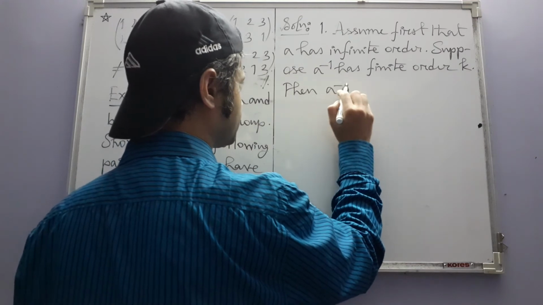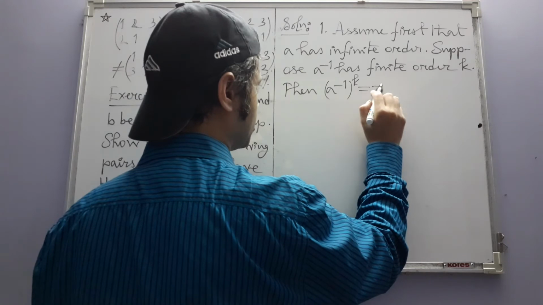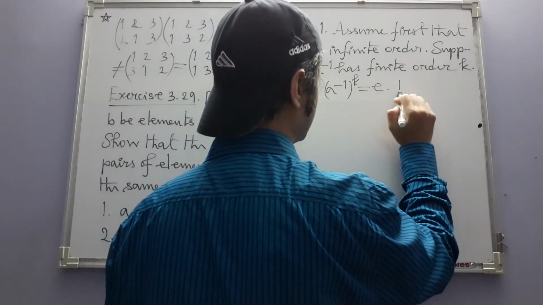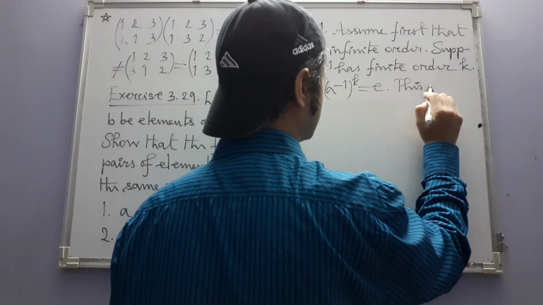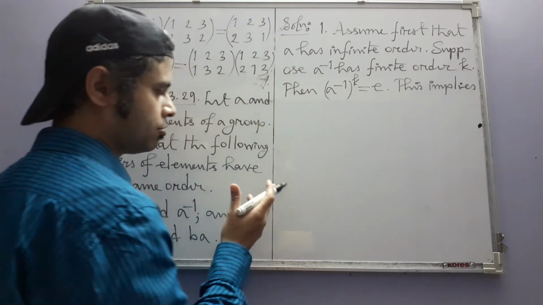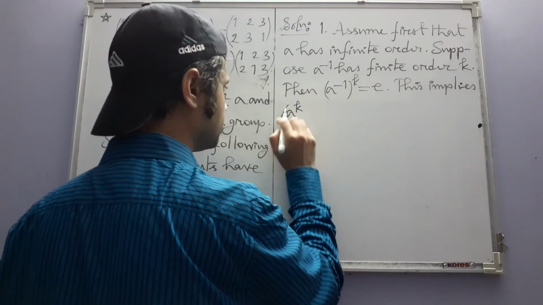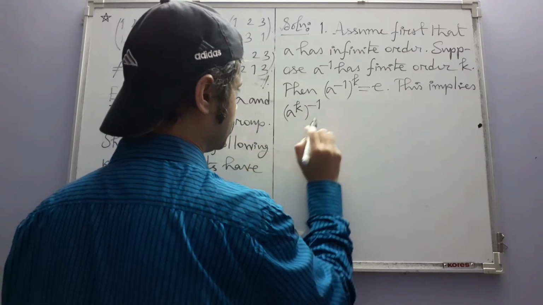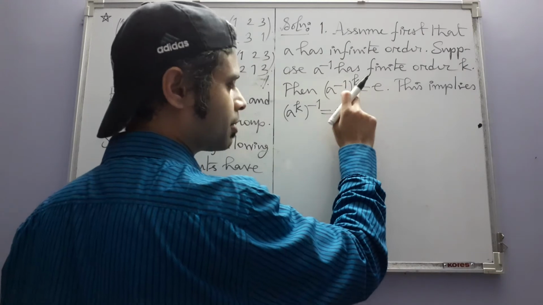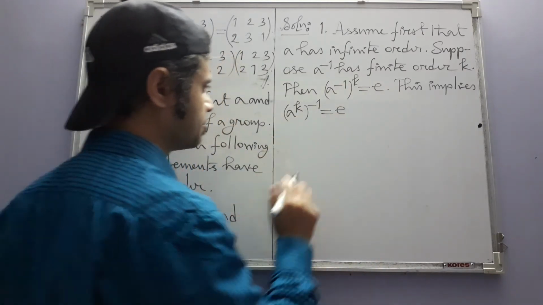Then the kth power of A inverse is equal to the identity. This implies, by one of the two rules of exponents, that the inverse of the kth power is also equal to the identity, because this will be a to the power minus k, which is also equal to this by the rule of exponent, the second one.